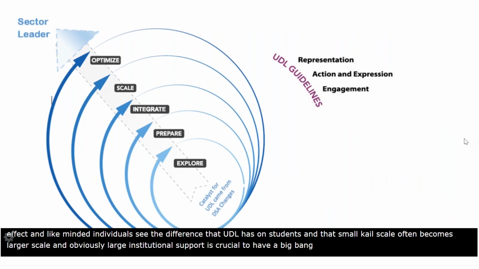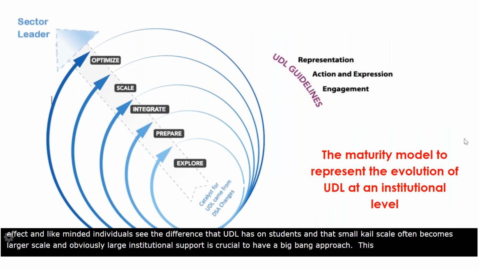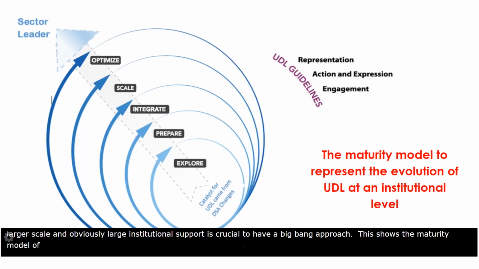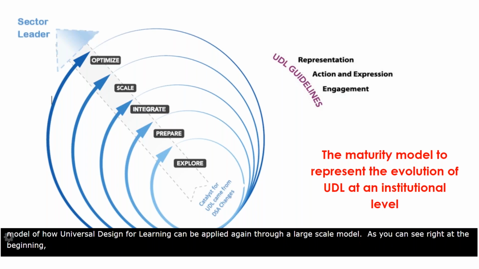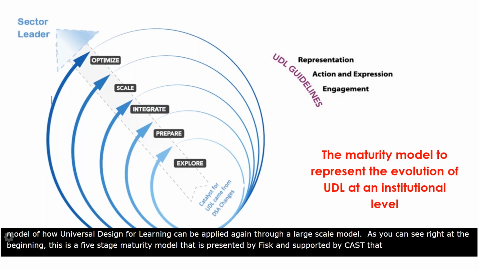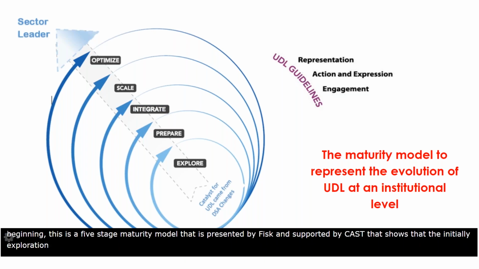This shows the maturity model of how Universal Design for Learning can be applied again to a large scale model. So as you can see right at the very beginning, this is a 5-stage maturity model that is presented by FISC and supported by CAST that show that the initial exploration of UDL often comes from a catalyst.